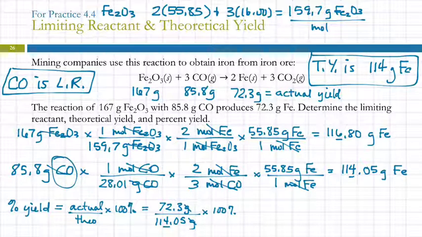And this result should have 3 sig figs. 63.393%. And then rounding, we'll say 63.4% yield.